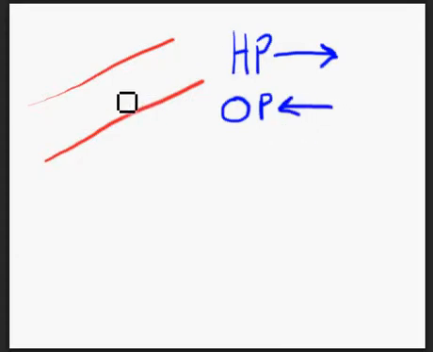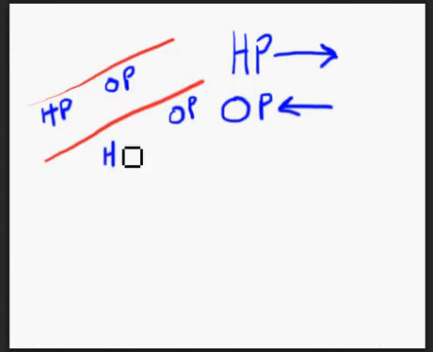And so inside the capillary we have hydrostatic pressure. Inside the capillary we have oncotic pressure. We have a little bit of oncotic pressure outside the capillary, and we have hydrostatic pressure outside the capillary.